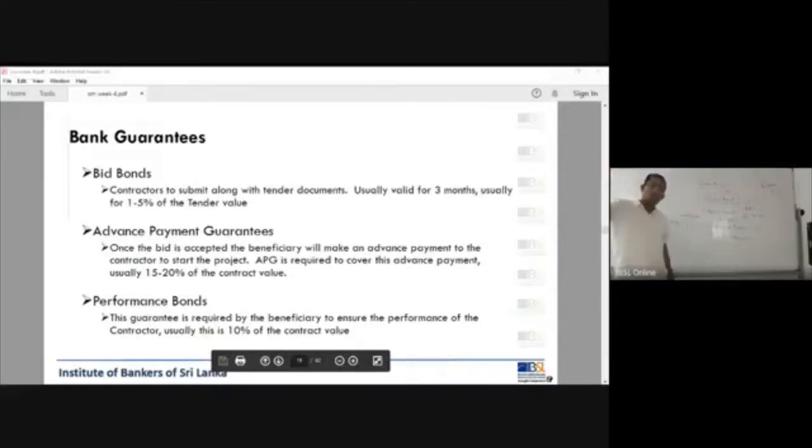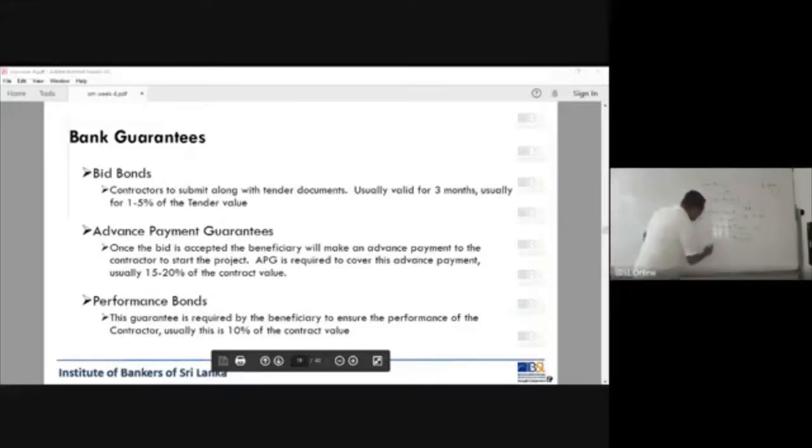UDA will hold it for 1 year. If the customer wants that money, the bank should guarantee that if some issues arise, we will pay you the retention amount. That is called a retention guarantee.